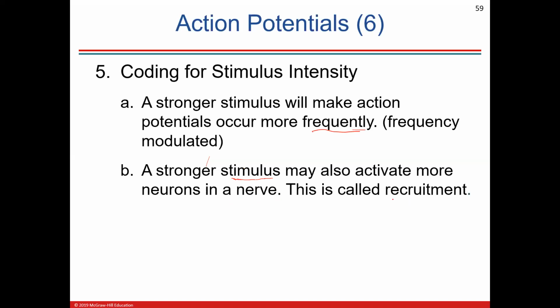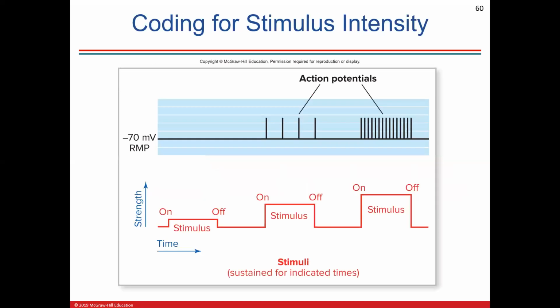So this is many neurons being recruited for the same purpose, but each neuron itself has the same action potential. It's one single action potential, one to one. So the frequency and the strength of the stimulus only recruits more axons, or I should say more neurons. That's a really important fact right there.